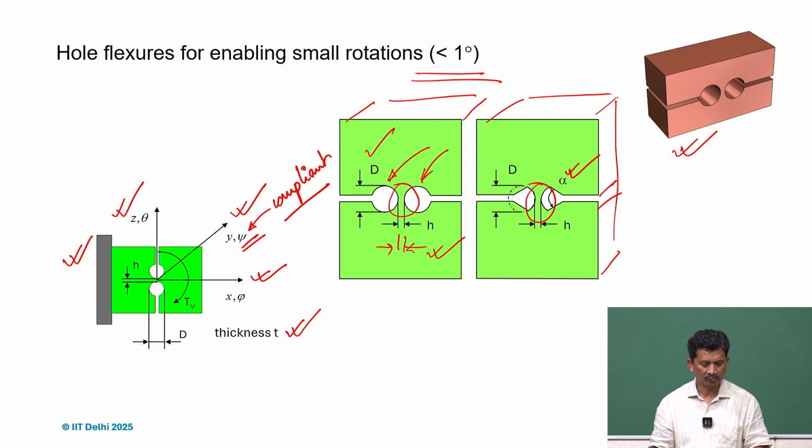These are the parameters, and we will be interested in different kinds of stiffness values and the range of motion. And of course, we would also like to know the stress levels.